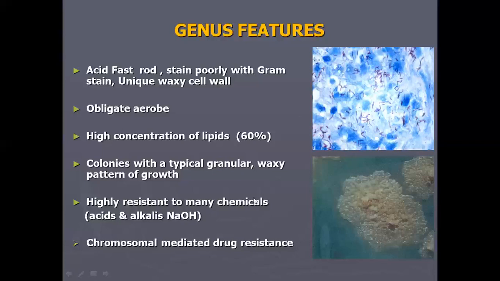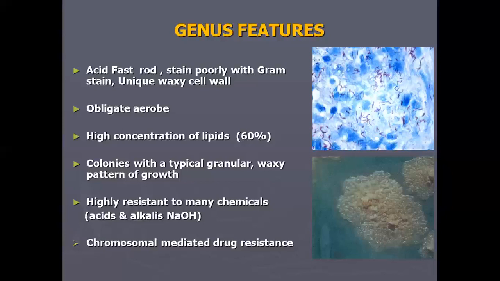The multi-drug resistant Mycobacterium tuberculosis strains are becoming more and more common. The incidence of MDR Mycobacterium tuberculosis is rising day by day. And this resistance is mediated at the chromosomal level because the organism does not have any plasmids.